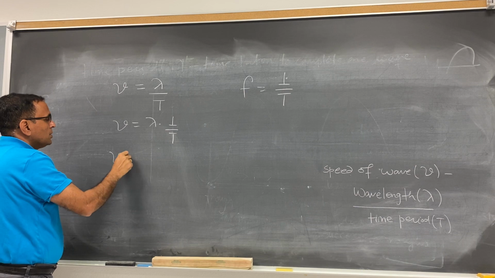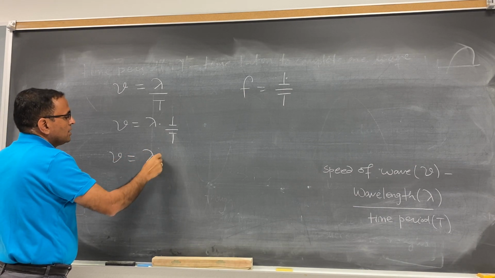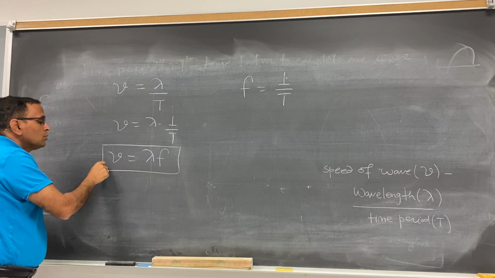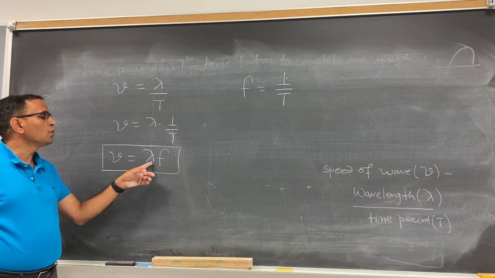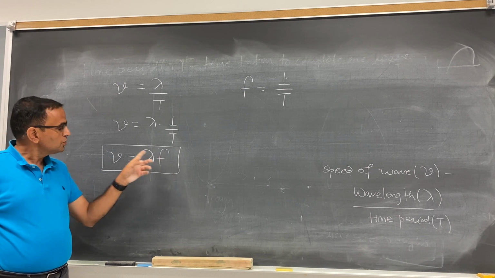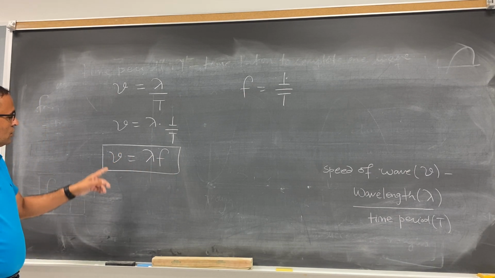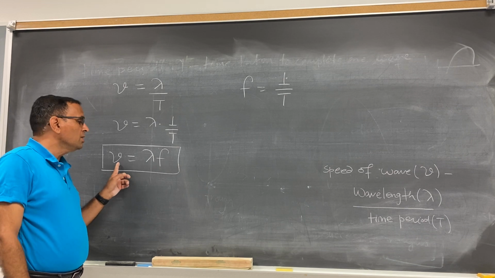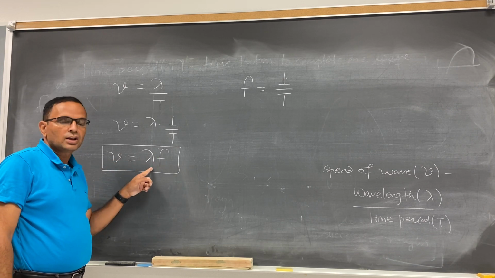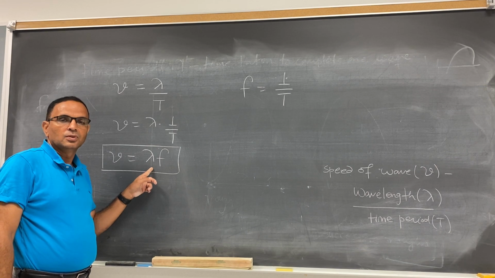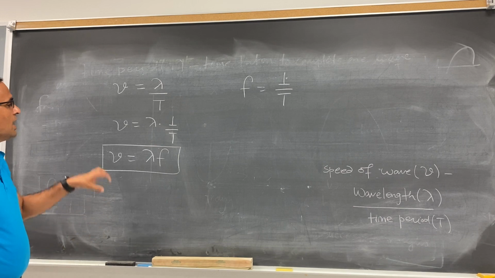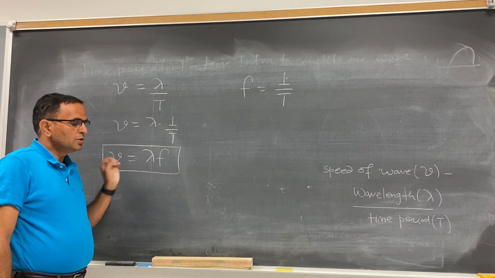So v is equal to lambda times f. If you have to calculate the speed of the wave, you need to know the wavelength and the frequency. If the speed of the wave is known and the frequency is known, you can also calculate the wavelength. So these are the terms you need to know.